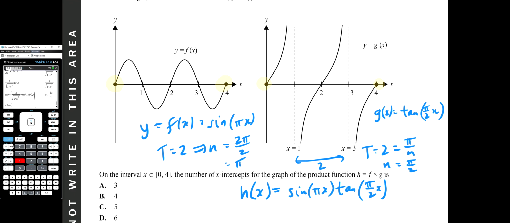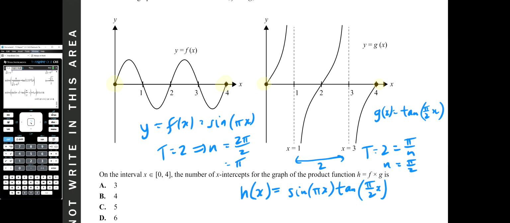So solve sine of pi x multiplied by tan of pi over 2 x, and we want that to equal 0. Solve for x using a domain of 0 less than or equal to x and less than or equal to 4. Enter, and there we have 0, 2, 4, so that's 3 solutions.